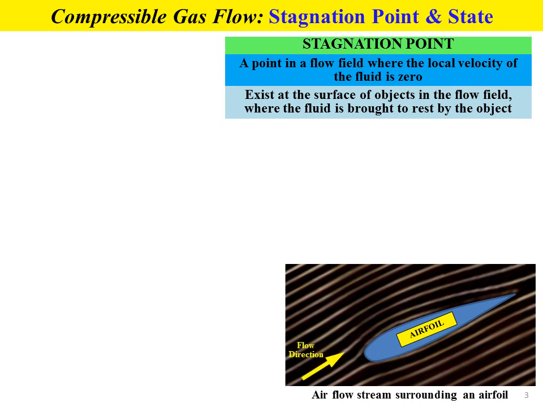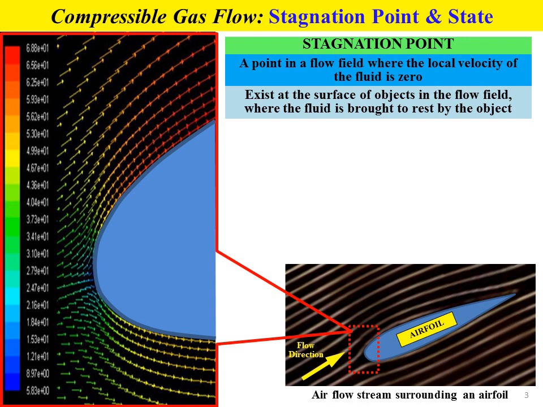The yellow arrow represents the direction of flow, and if we zoom in on the area close to the front of the airfoil, we get this bigger photo. This figure is a result obtained from simulation, where we can see a lot of arrows surrounding the airfoil.